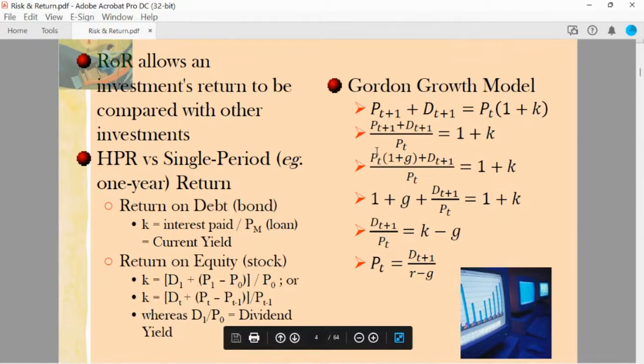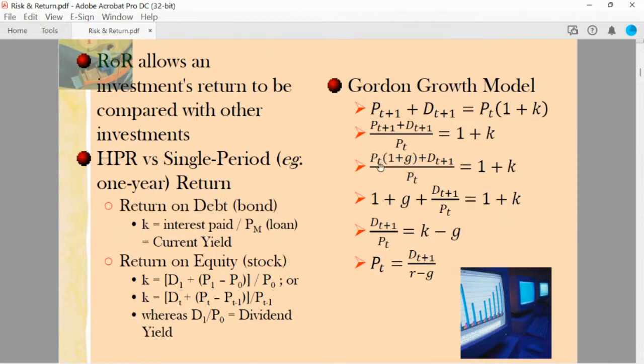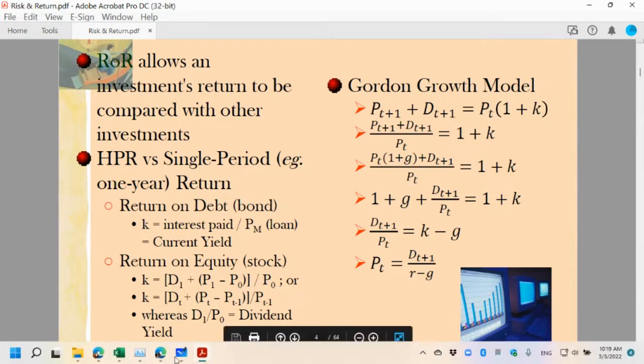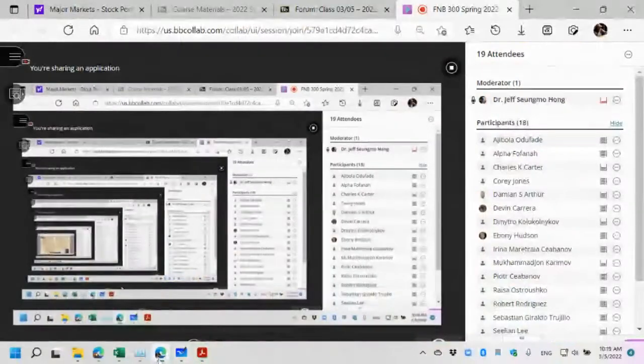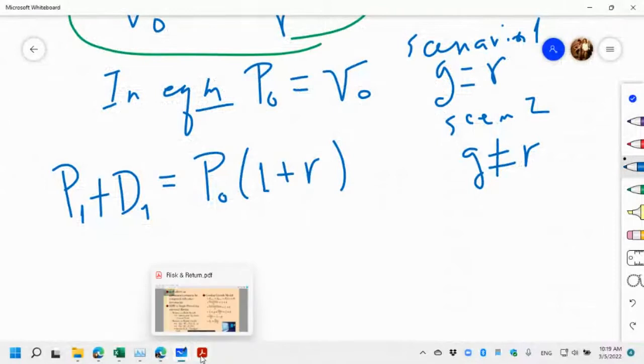And if you do that, and then we can rewrite P1 like this. What is P1? P1 is P0 times 1 plus the growth rate. Isn't that the definition of, right?